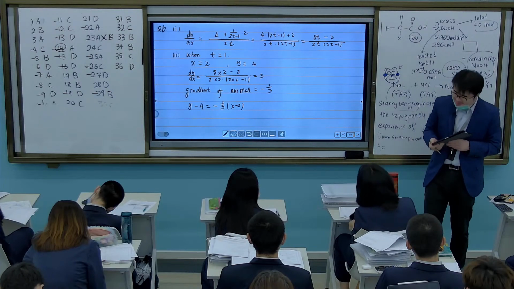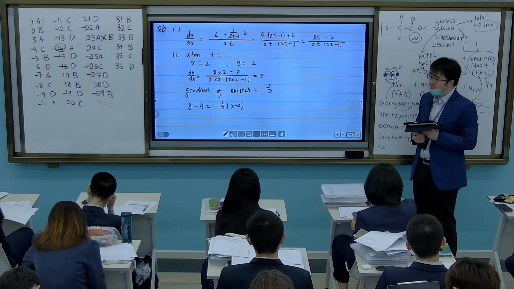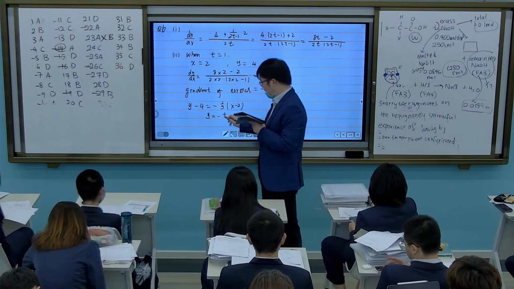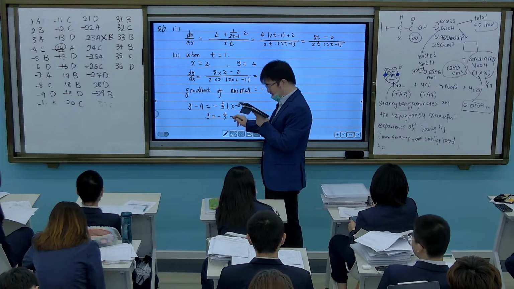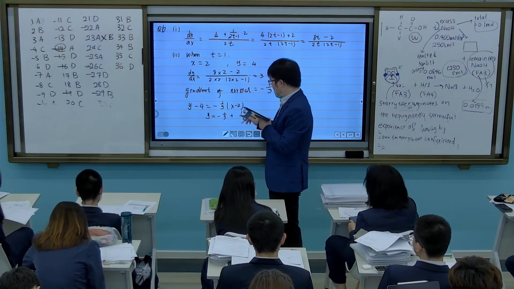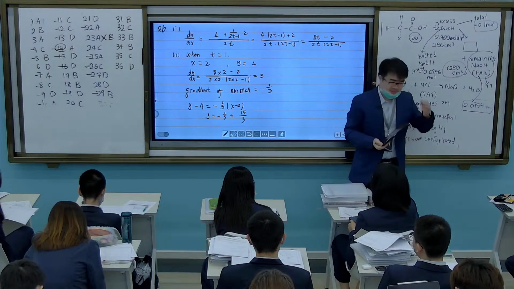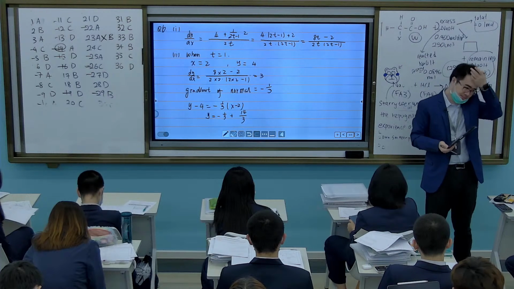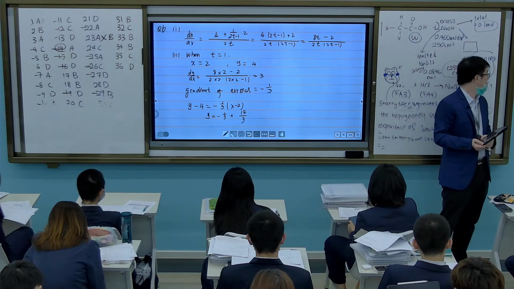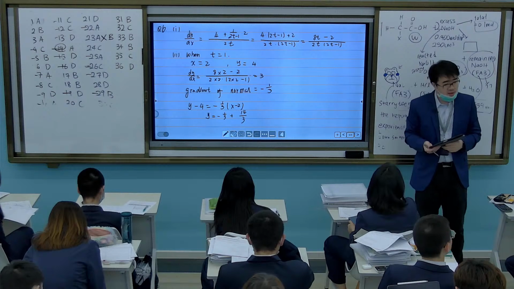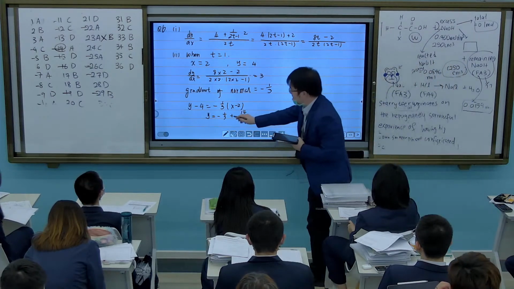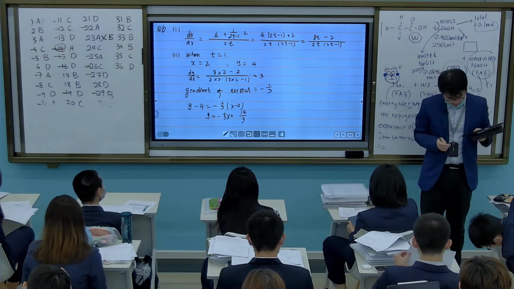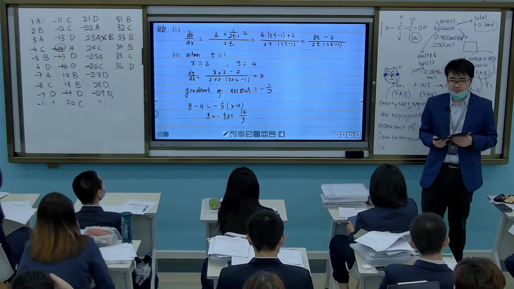You can simplify it. And the final answer is y equals negative 1 over 3 x, then plus 14 over 3. Okay? 14 over 3. Oh, x, sorry. Here's the x.